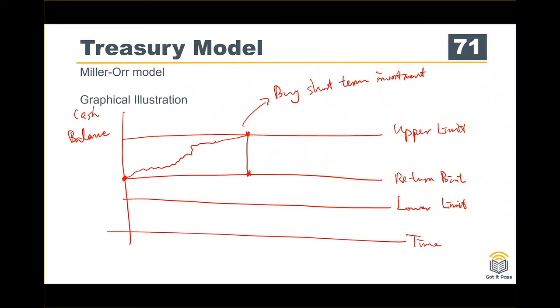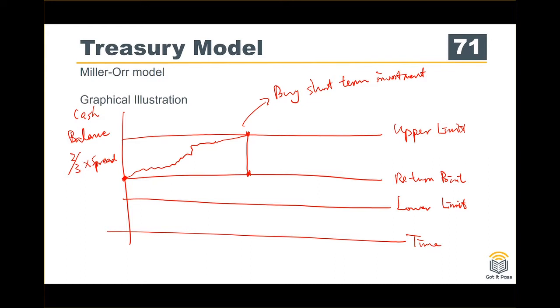So instantly, your cash balance will be reduced by 2/3 of the spread. Remember? And that 2/3 of the spread will go to your short-term investments account.